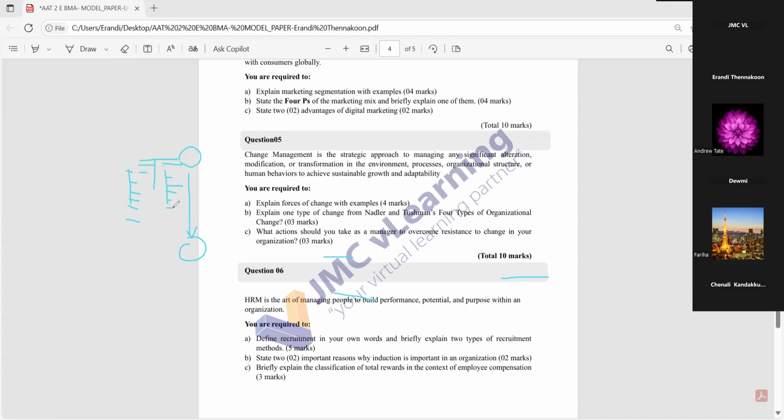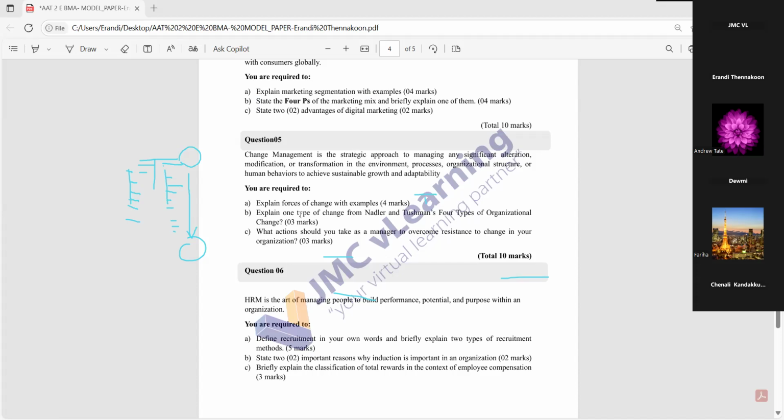And technological adoption, changes in performance and efficiency, innovation, employee behavior and attitude. These are the factors which we can observe within the organization. So you can divide this into two and write your answer accordingly, right? Then it will be easy for you, right? You can manage your time as well.